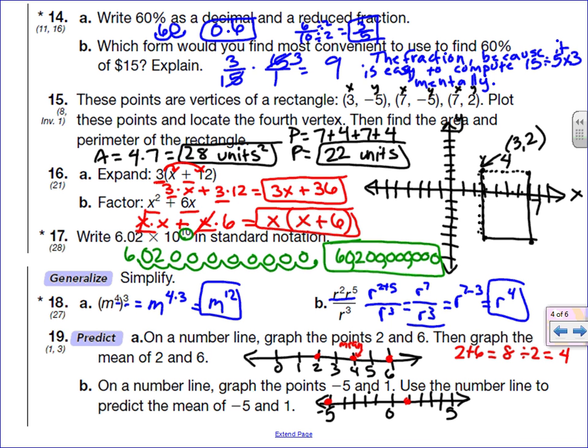Well, before, it was right in the middle of the two numbers, so if I look for the number that's right in the middle, it would be right here, because this is 3 spots away from 1, and 3 spots away from -5. So it looks like the mean will be -2. And that makes sense, because if I take -5 plus 1, I get -4. And if I divide -4 by 2, I get -2.